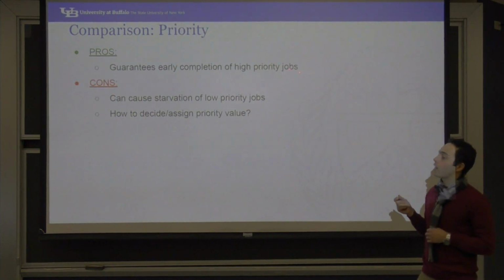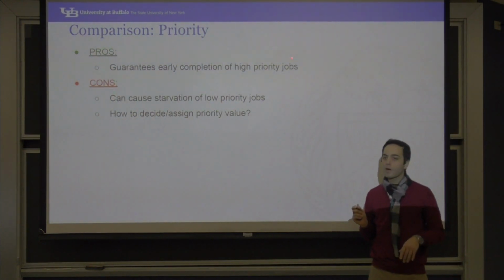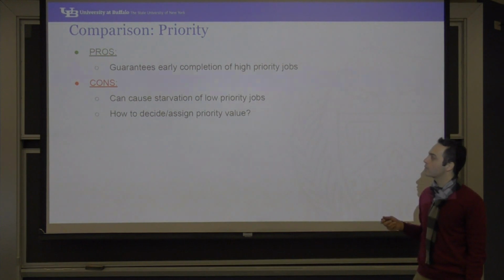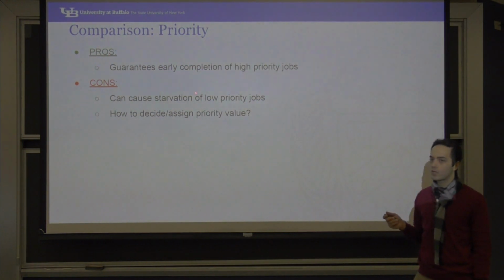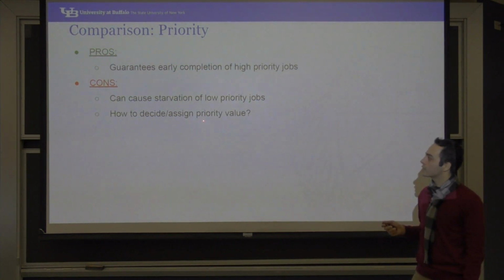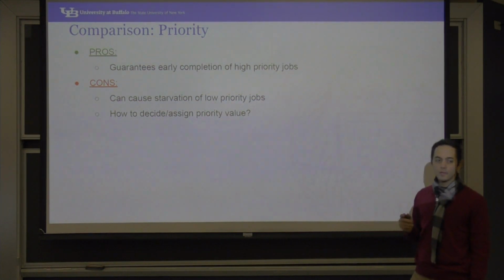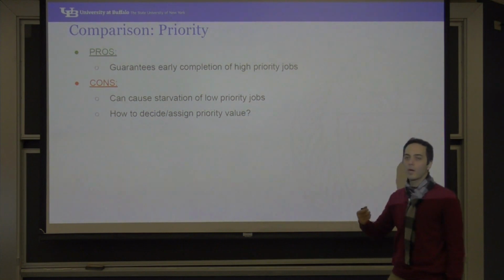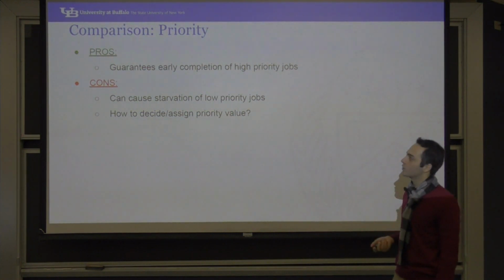Priority guarantees early completion of high priority jobs. So if you have a system with priorities, then this is good. But the problem is that it can again cause starvation, and also how to design and assign priority values. And as we saw last session, priority donation and inversion are things that you have to deal with.